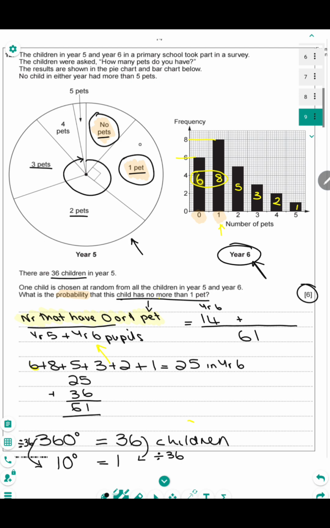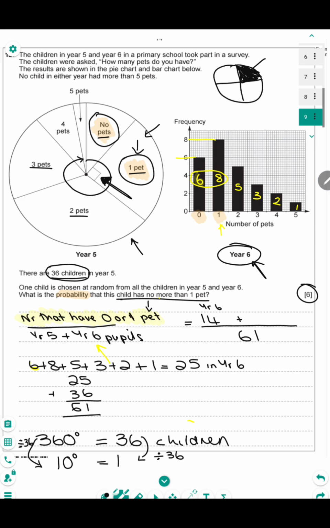So for 1 pet, if you look at 1 pet, it's got a right angle. So I'm just going to do a little drawing at the top here. So you imagine you've got your circle. If you were to split that into 4 right angles, what proportion of the total is in here? What fraction is it? It's 1/4. So 1/4 of our 36 children have one pet.